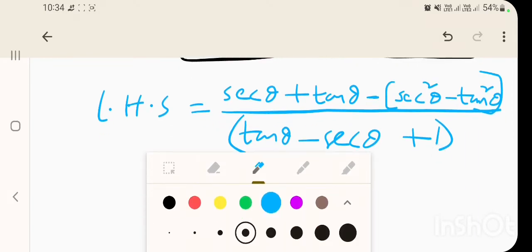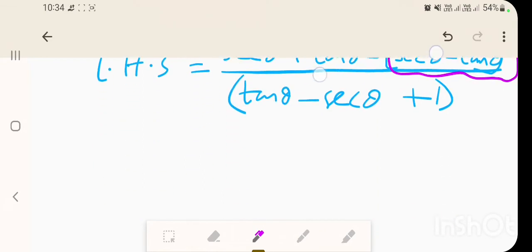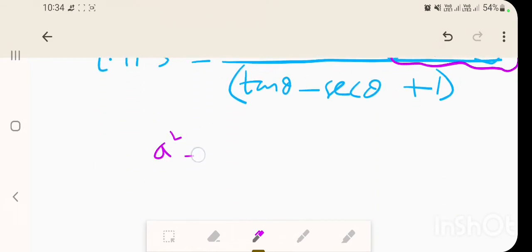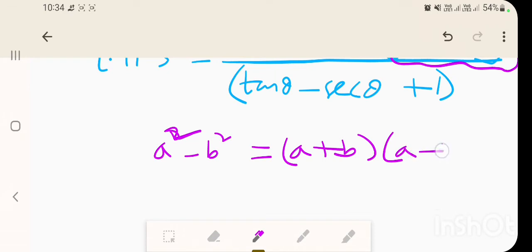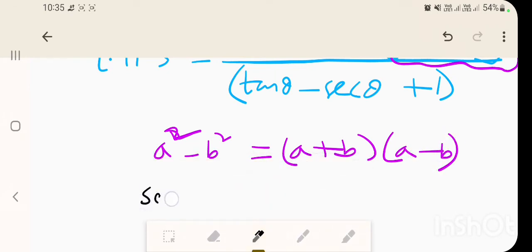This secant square theta minus tan square theta we can consider as a square minus b square, and we know that a square minus b square is nothing but a plus b into a minus b. Here a is secant theta, so a square is secant square theta, and b is tan theta, so b square is tan square theta.